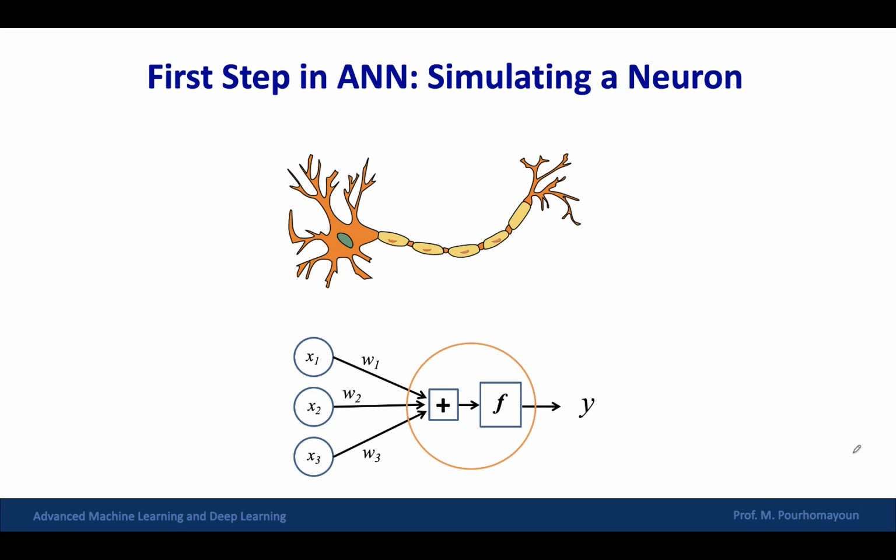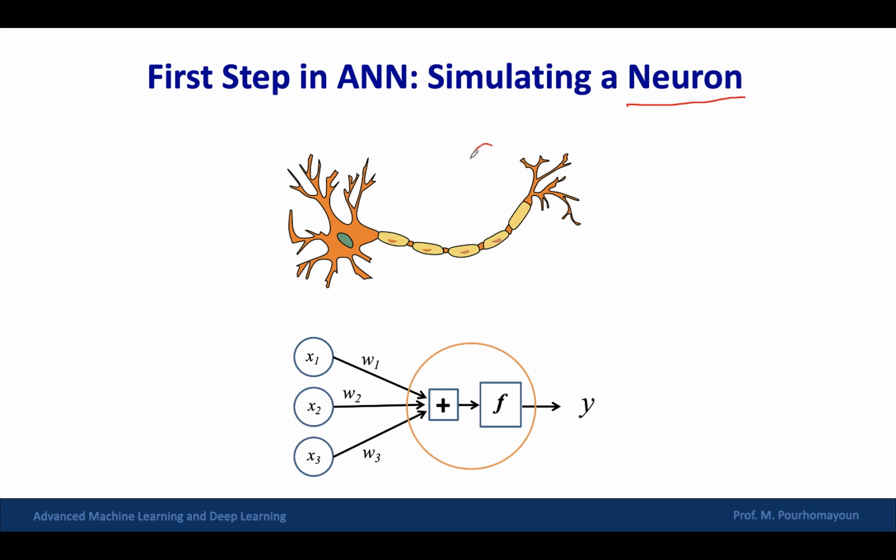So we mentioned that the first step to mimic the brain, or to simulate a biological neural network, is to simulate a neuron first, which is the smallest unit of our nervous system, the smallest unit of our brain. It's in fact the nervous cell that we call a neuron.